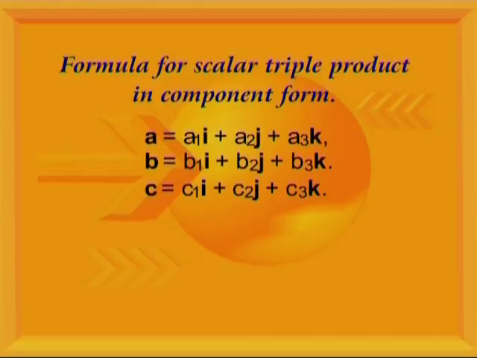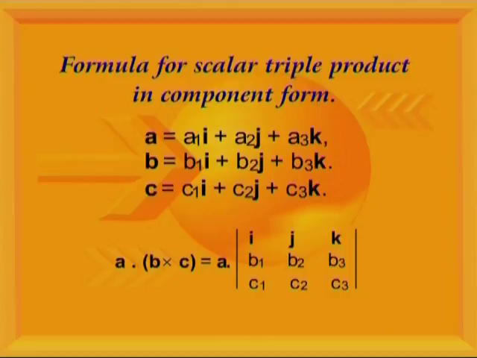Then the scalar triple product, which is A dot B cross C. So this B cross C we will determine by the determinant formula. So it will become A dot determinant whose first row is i, j, k, second row is B1, B2, B3, and third row C1, C2, C3.